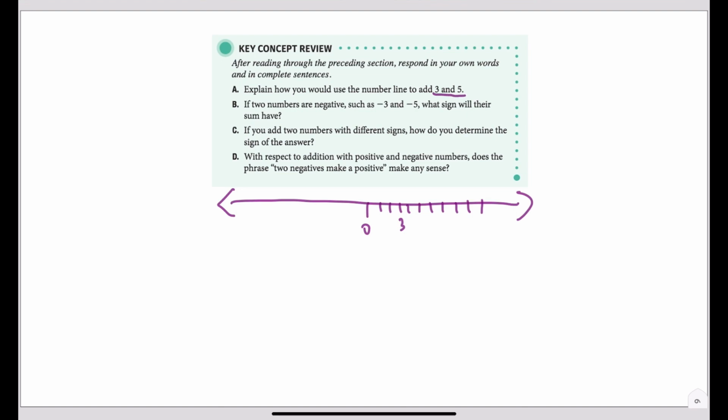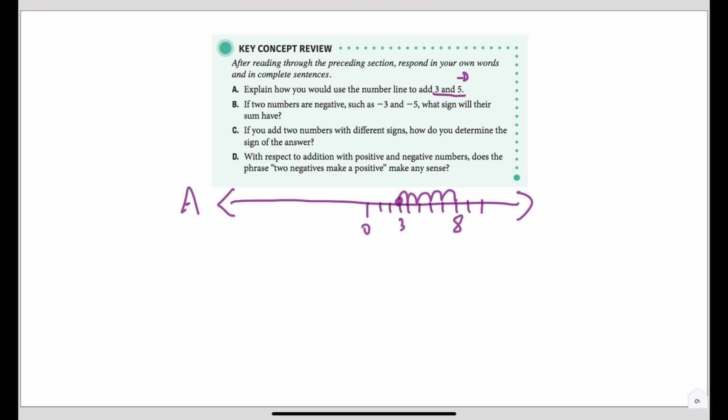Which way? In this case, the 5 is positive, so it's going to move to the right. So I start at 3, and then I move to the right 1, 2, 3, 4, 5 units. And I land at 8. And that makes sense because 3 and 5 added together make 8. And this is a way I can show it with the number line.